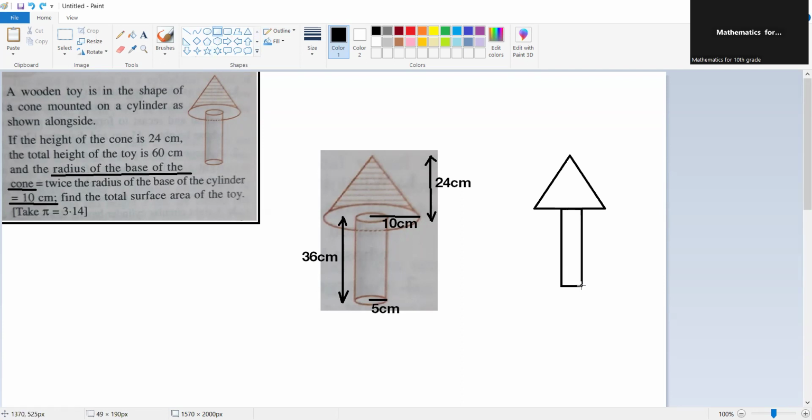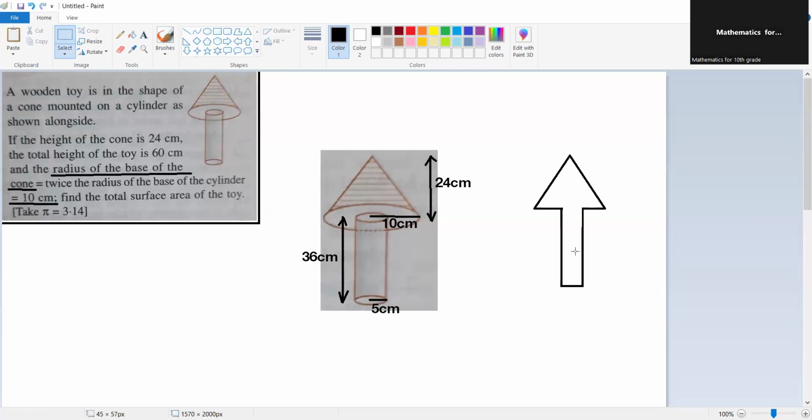So this is the cylinder at the bottom. So this will look something like this.